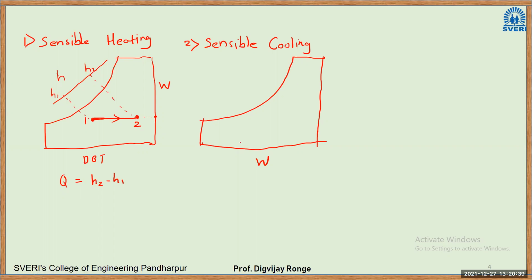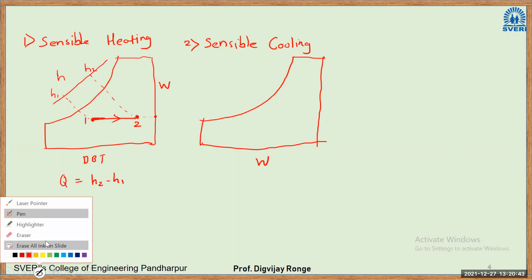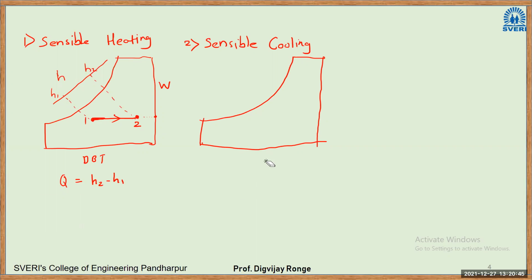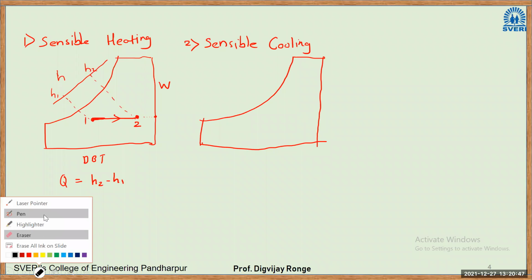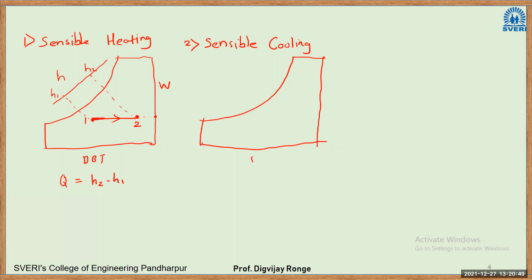Sorry. So this will be not W. So this is a DBT and this is a specific humidity. This is a 100% saturation curve or RH.